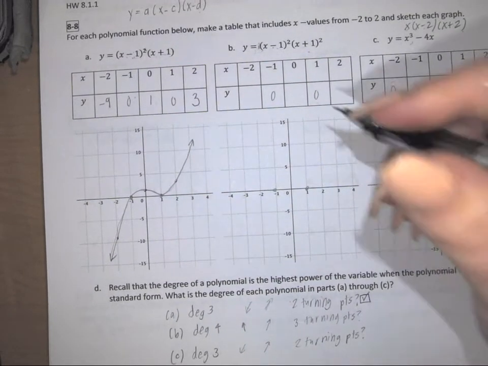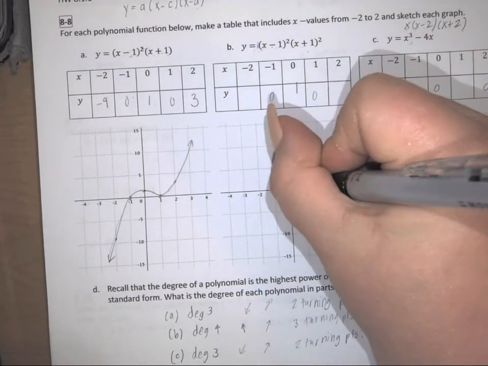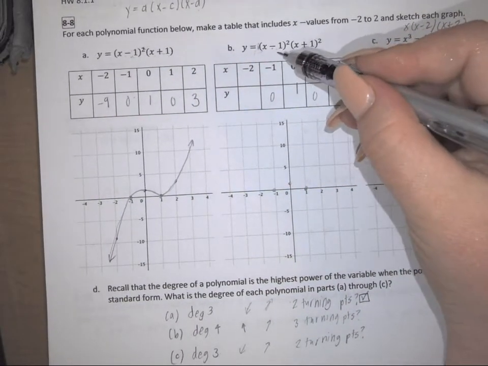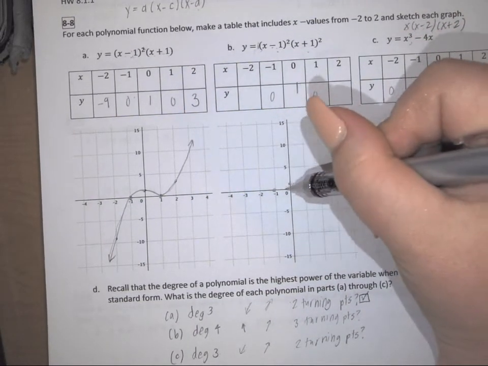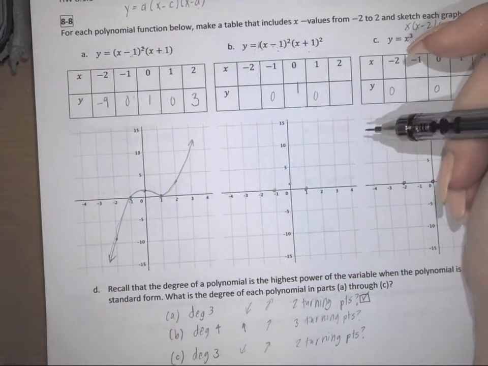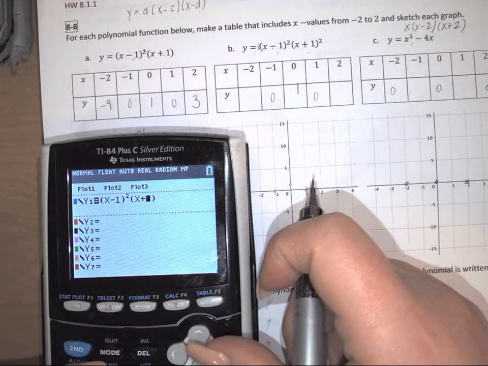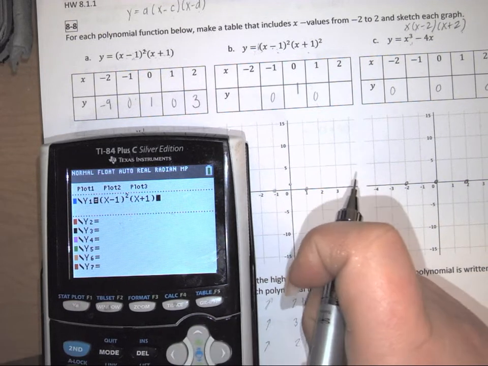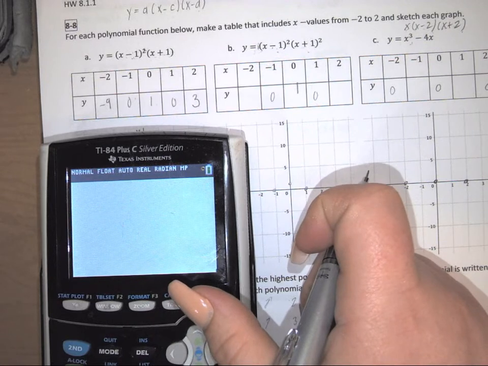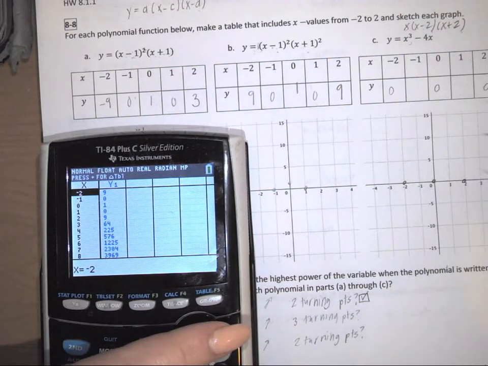Okay, let's do the next one. Because these are repeated factors, it's going to bounce at both of these, so I'm guessing it's going to look like this W. Let's figure out what these other points are. So x minus 1 squared and x plus 1 squared. Let's go directly to our table. Negative 2 is 9, and 2 is 9.